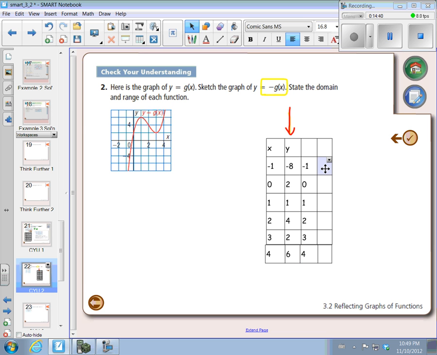So -8 becomes +8, +2 becomes -2, +1, -1, +4, -4, positive 2, negative 2, and positive 6, negative 6. Okay, Mr. Wheeler, you can press pause and let's wait for everybody to draw a nice sketch.